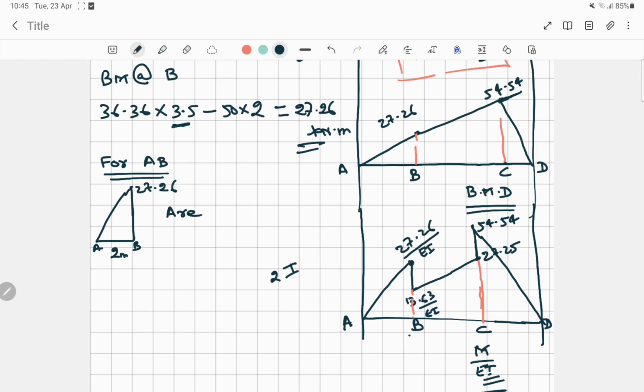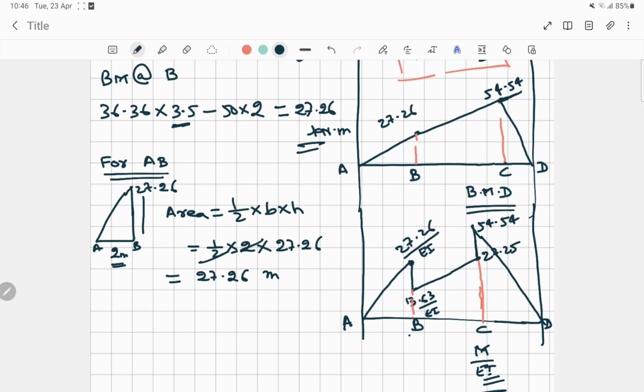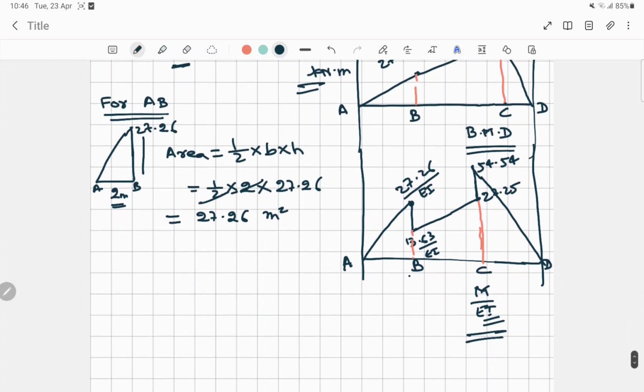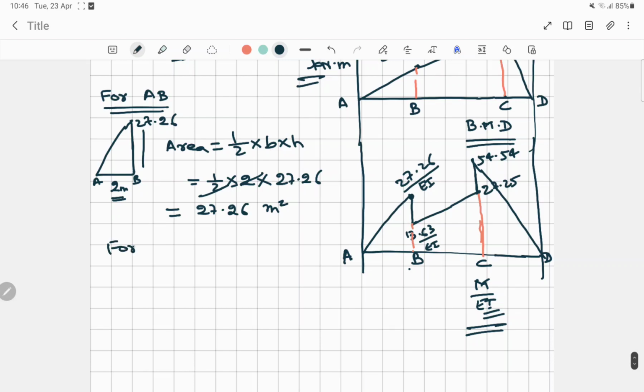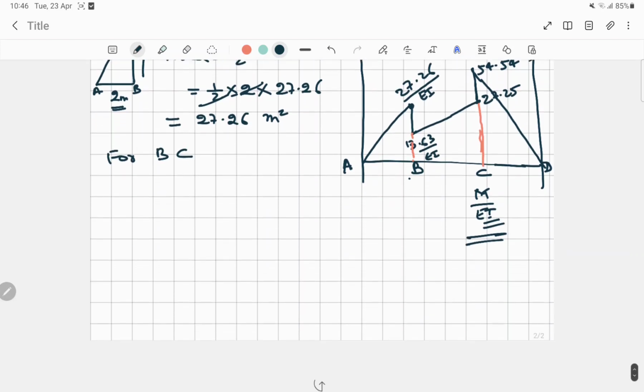We know the formula of area: the area of a triangle is half into B into H. So half into base, which is 2, into height, which is 27.26. This one and this one will get cancelled. Then the area is 27.26 meters square.